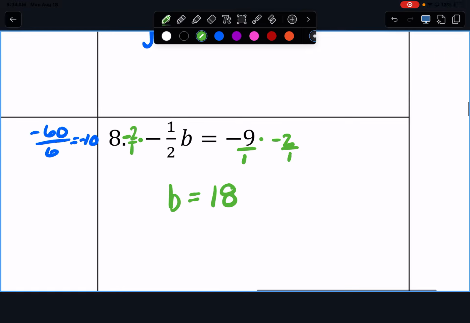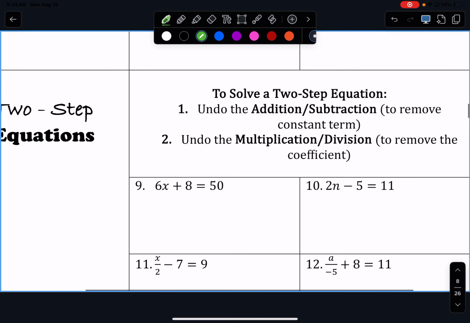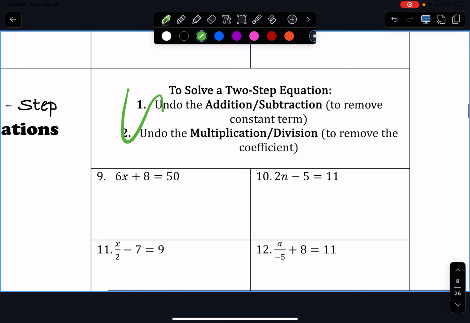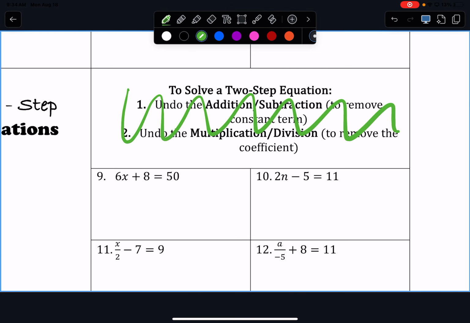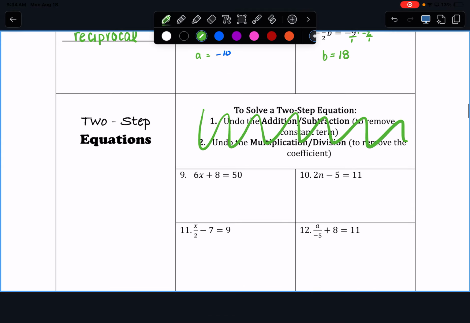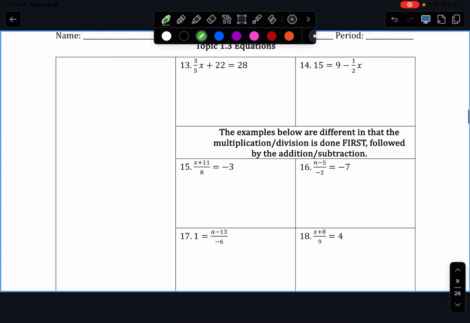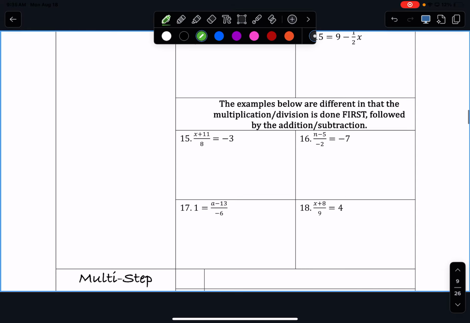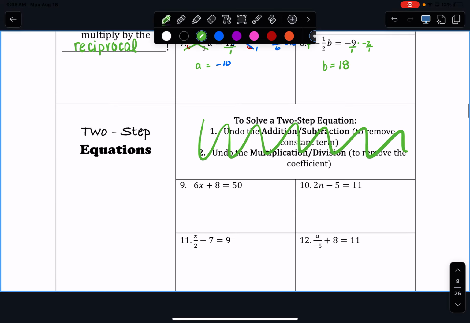All right. Now, I'm going to be honest. I don't like these. The reason I don't like that is because of what is on the next page. Because it says this is how to do all of them.